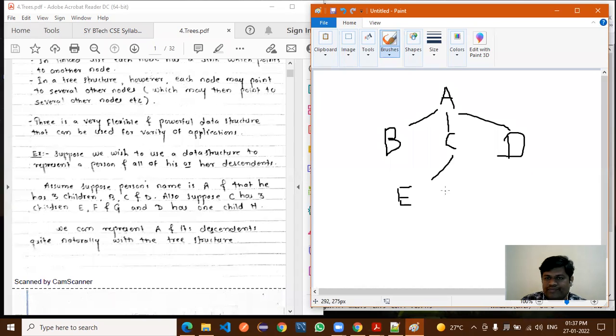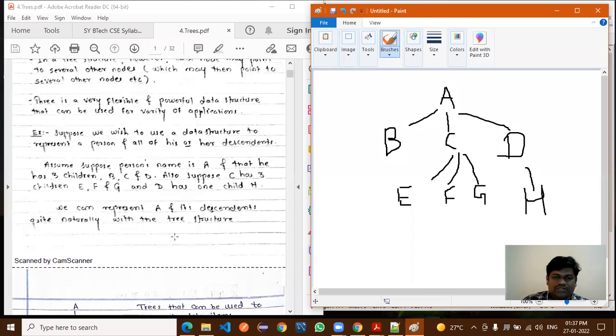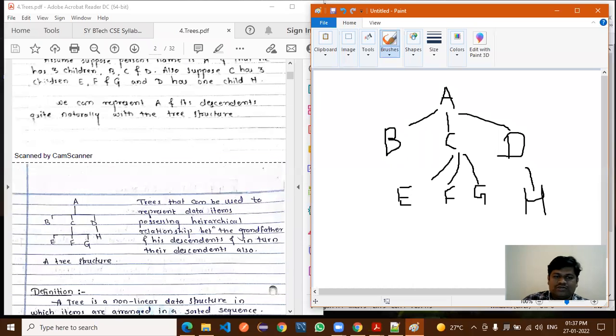E, after that F, and next one is G. And D has one more child, that is H. Right. Now we can represent A and its descendants, quite natural.